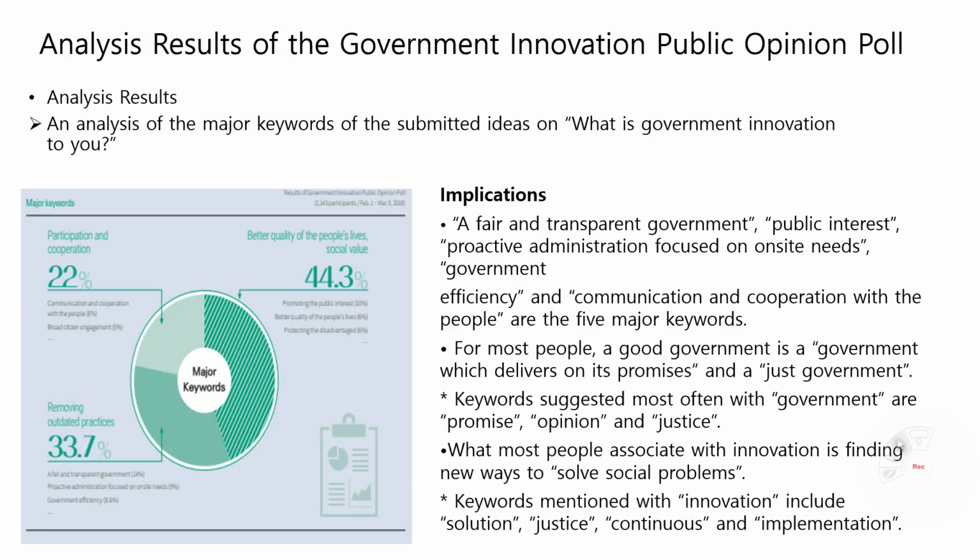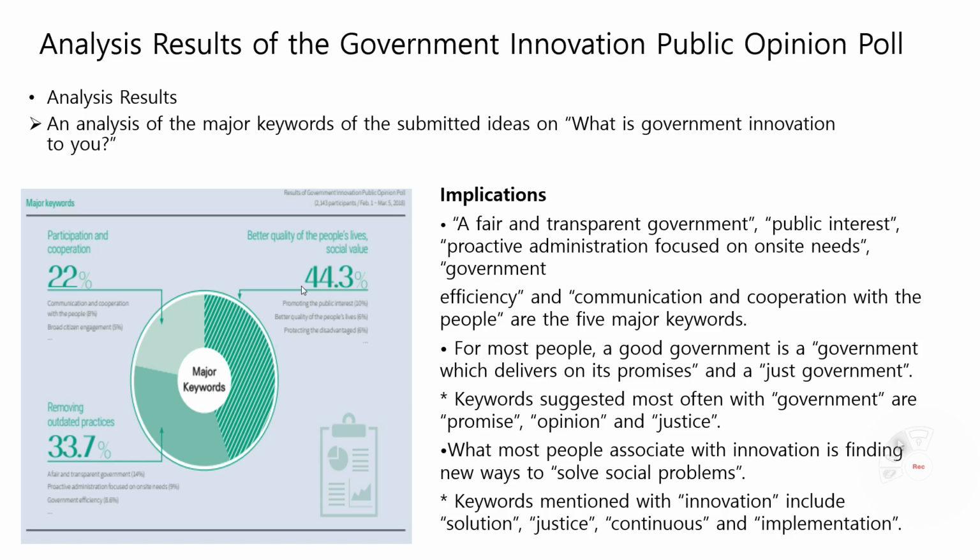This is the result of the government innovation public opinion poll. The result is the analysis of the major keywords of the submitted ideas on what government innovation means to you. 20% of major keywords are participation and cooperation, 33.7% removing outdated practice, and 44.3% a better quality of people's rights and social value.